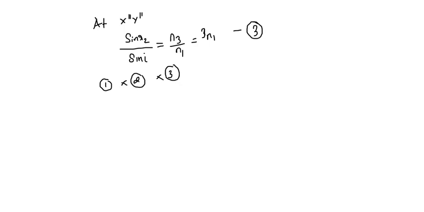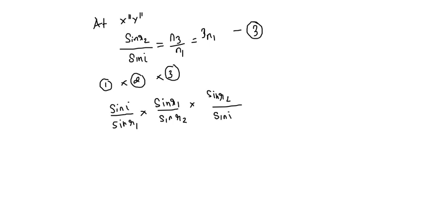Now if I multiply 1 into 2 into 3, let's see what we get. Sin i by sin r1 into sin r1 by sin r2 into sin r2 by sin i equals 1n2 into 2n3 into 3n1.